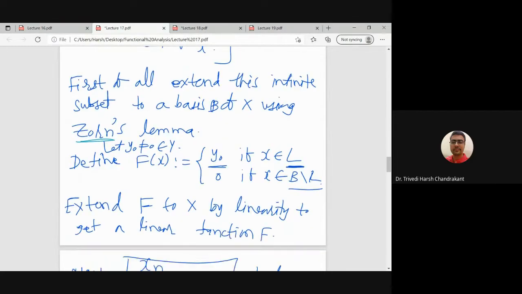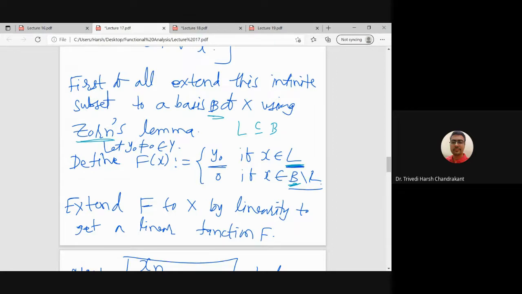So this is an application of Zorn's lemma. So B is a basis, and L is a subset of B, right? Because we are extending the linearly independent set to a basis of the vector space X.